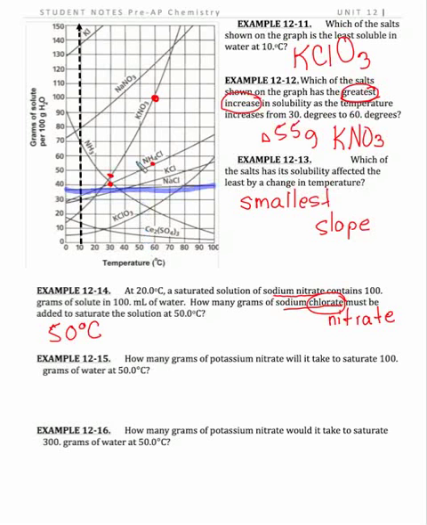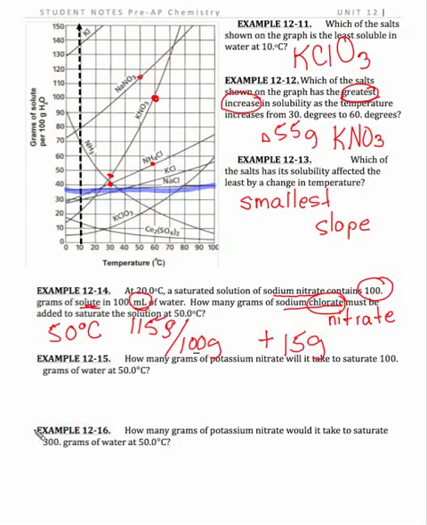So if I go from 50 degrees up to sodium nitrate, notice that 115 grams are required to saturate 100 grams of water. Well, I already have 100 grams of sodium nitrate, of solute, in what's effectively 100 grams of water. So I would have to add 15 grams to get my total of 115. Got to read these very, very carefully.